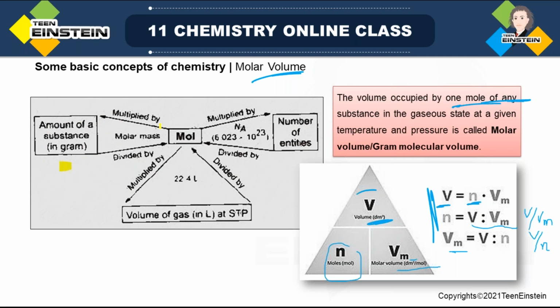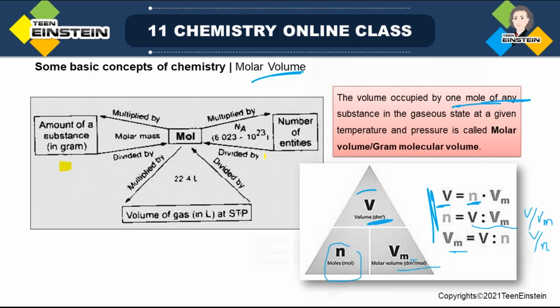See, the arrow is moving from mole towards this. But when your purpose is to convert the amount of a substance given in gram to mole, now the direction is towards mole. Now you have to divide it by molar mass.